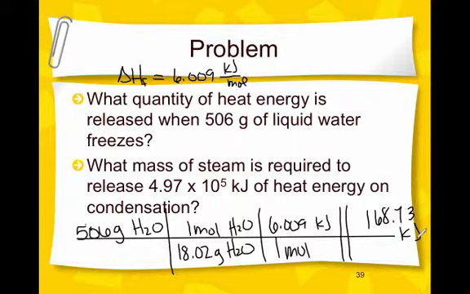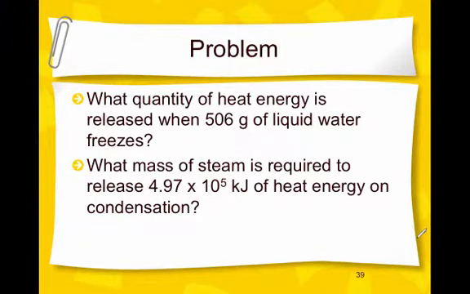Okay, this last problem, and then we'll be done. It gives us the energy that was required, or that was released. And we had to figure out how much water we had. So this time, we're condensing, so are we using fusion or vaporization?